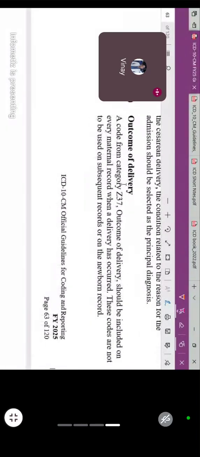Outcome of a delivery. Now, suppose the lady is in a hospital for delivery. It's a delivery room. Now, as a family member, you just heard a cry, a baby's cry. You are very happy now. A baby is born. Suddenly one nurse will come and give you the good news: baby boy, baby girl, single, multiple, what is that? That good news is Z37, outcome of a delivery.